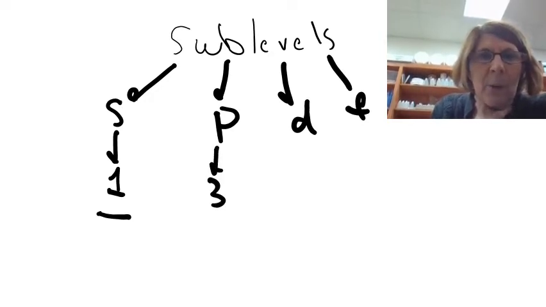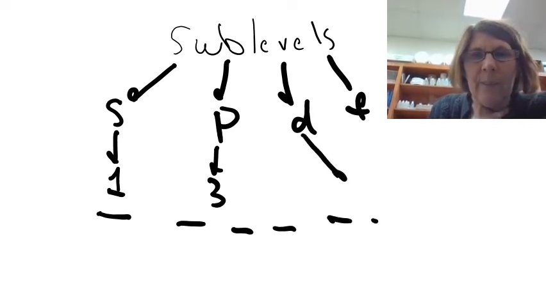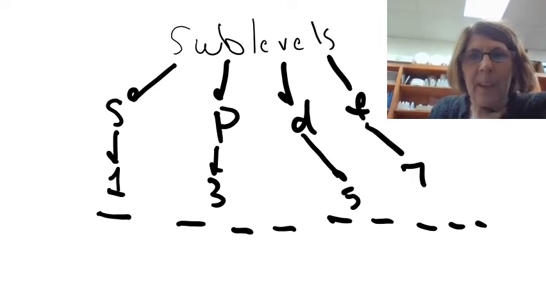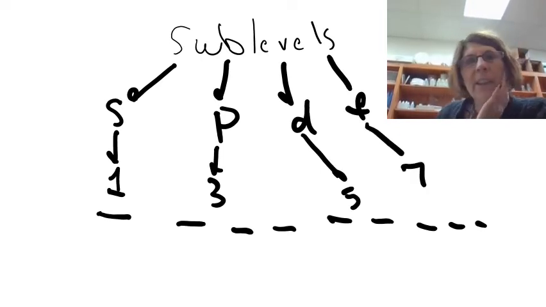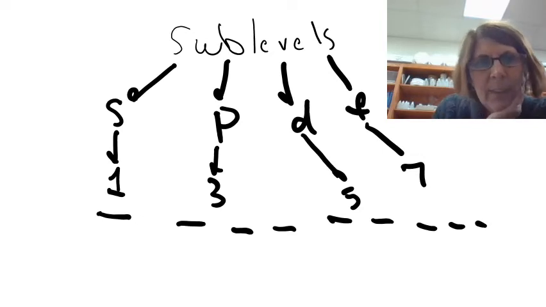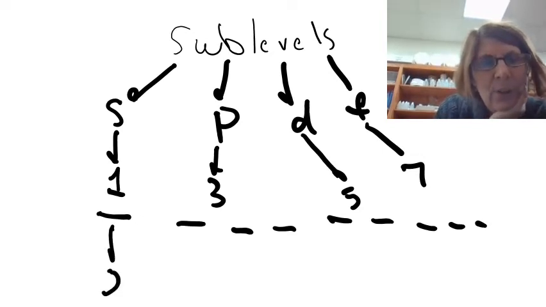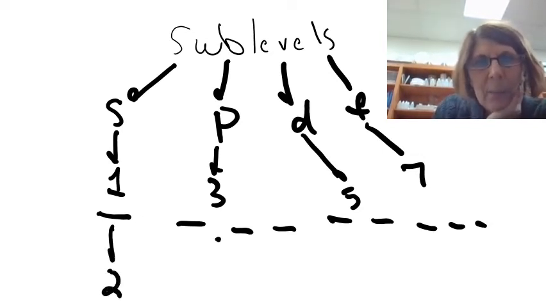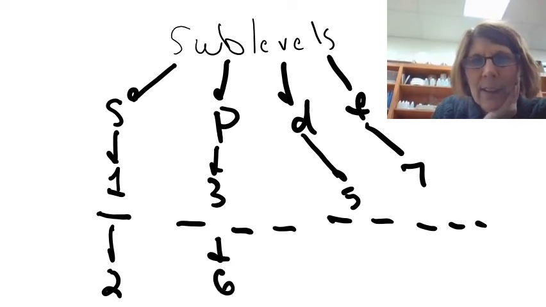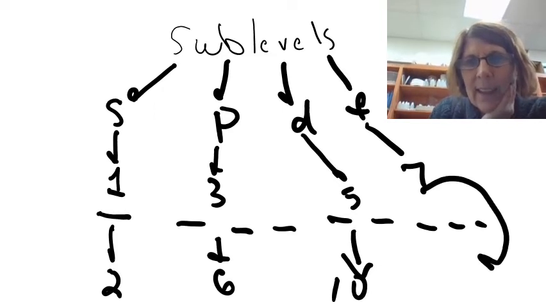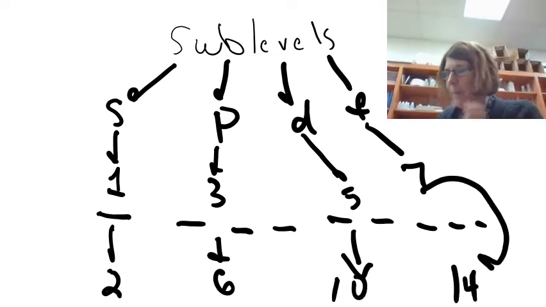P has 3 orbitals, so we do 3. D has 5, and F has 7. Okay, so I'm not going to draw that out. So each orbital can contain 2 electrons. So when we fill these, S has 2 electrons, P has 6 electrons, D has 10 electrons, and F has 14.